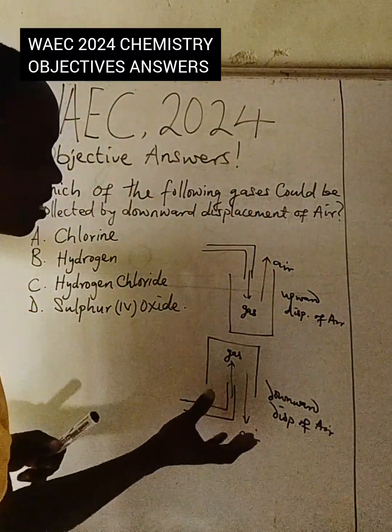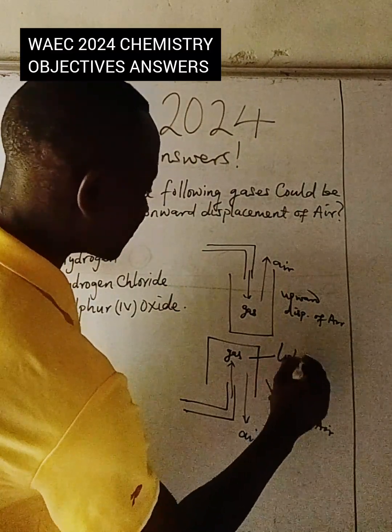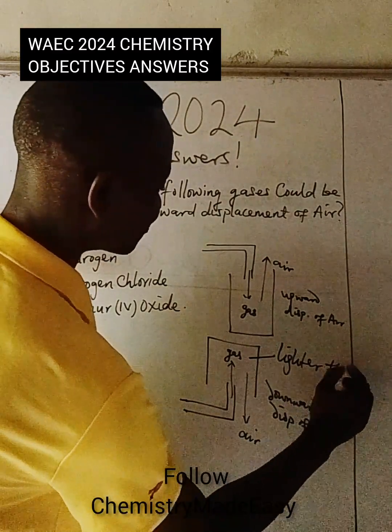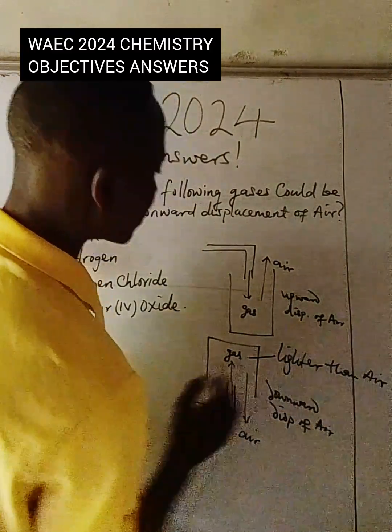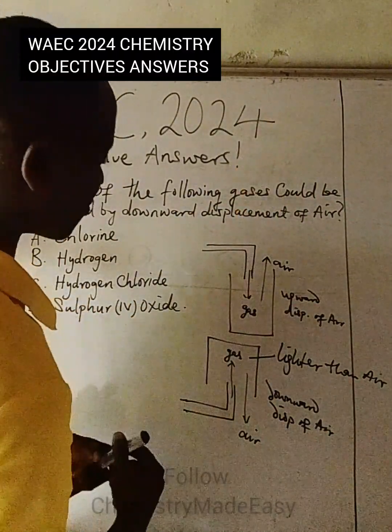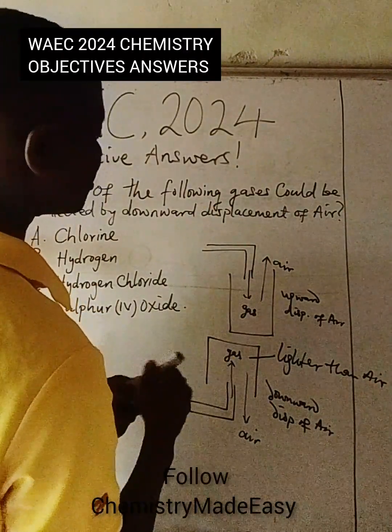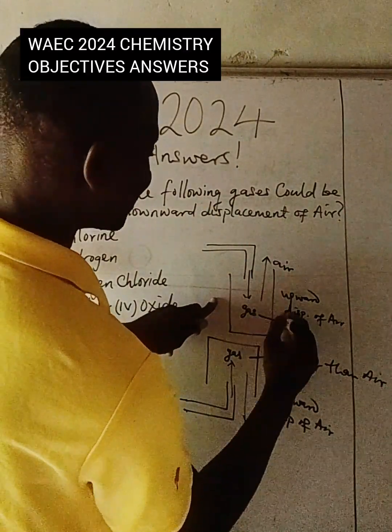The gases collected by downward displacement of air must be lighter than air. Why the ones that go down and air goes up? The ones that go down and air goes up must be heavier than air.